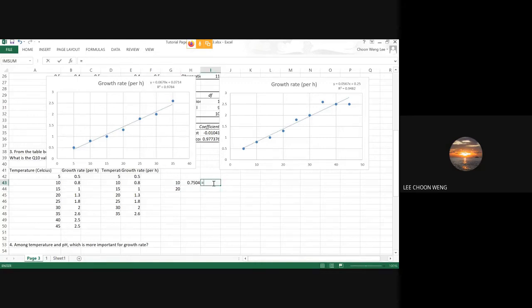Okay. Whereas for this, if you're using this equation, it will be 0.0567 times x. Okay, so your Q10 will be your growth rate at 20 over 10.